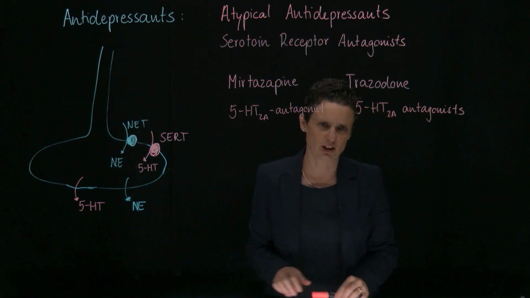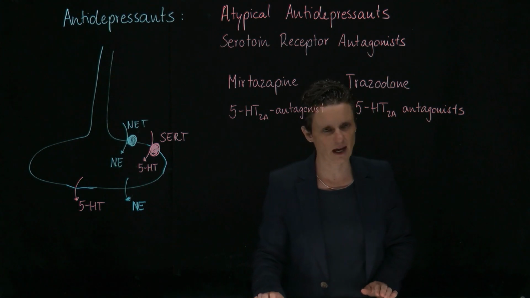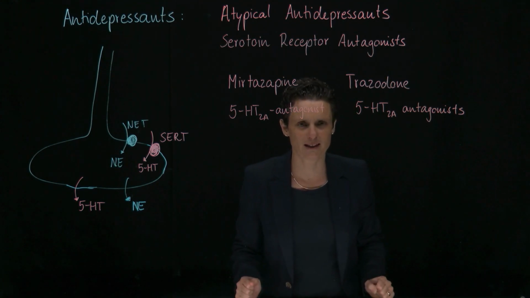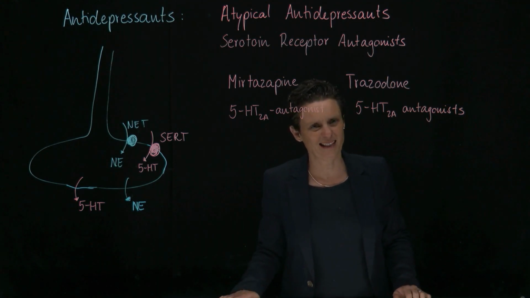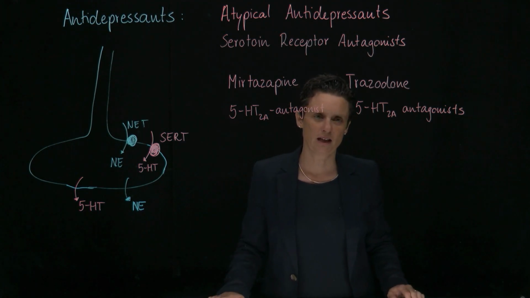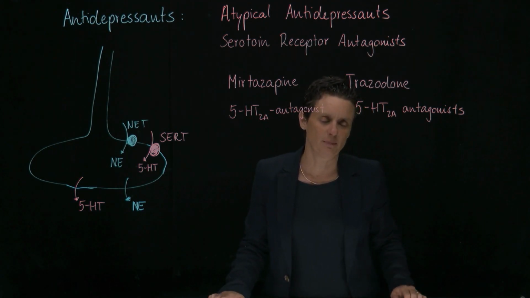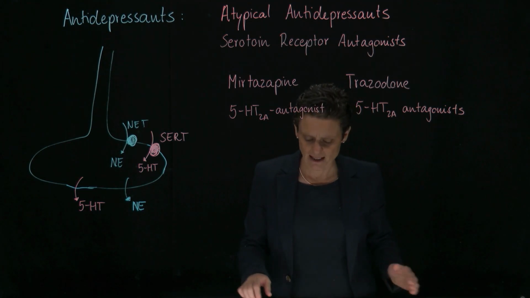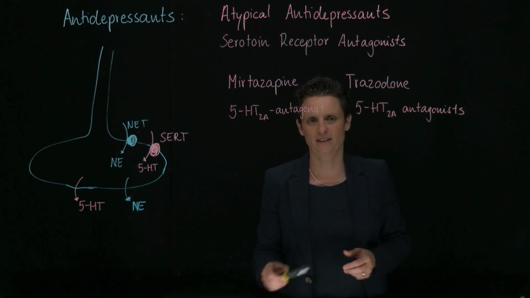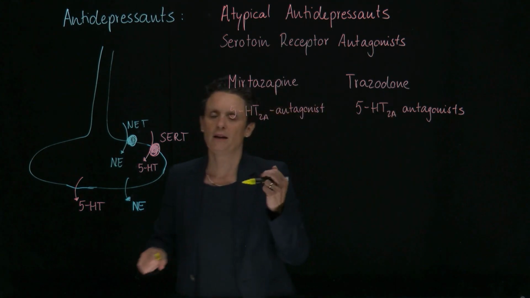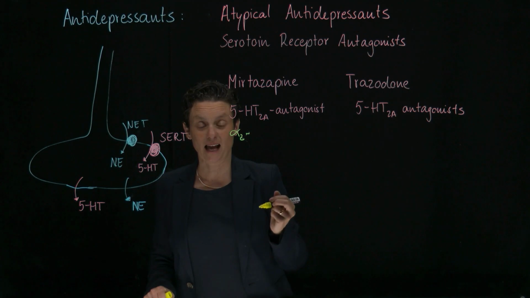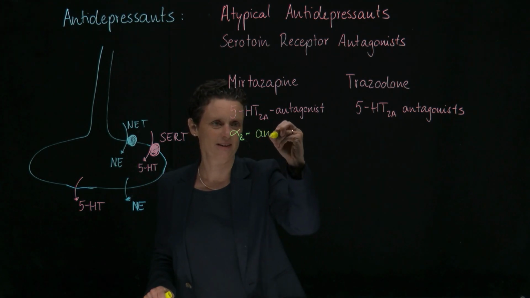But still, I want to mention that they have additional mechanisms of action, because you may now wonder and say, well, you told us in the beginning they all increase the synaptic availability of neurotransmitter. And that's still true because they do other things as well. For example, mirtazapine is also an alpha-2 antagonist.